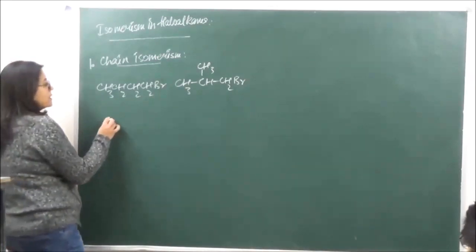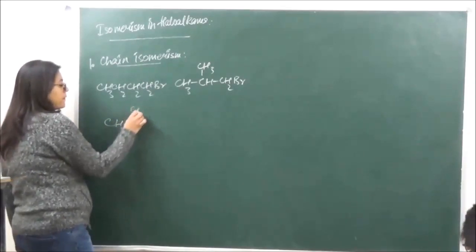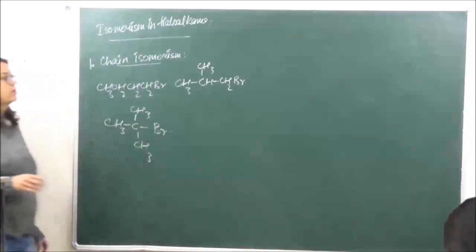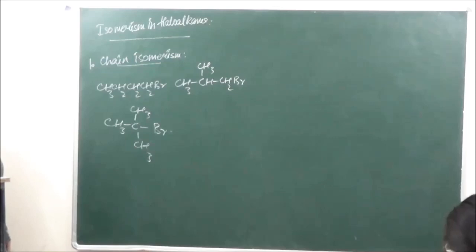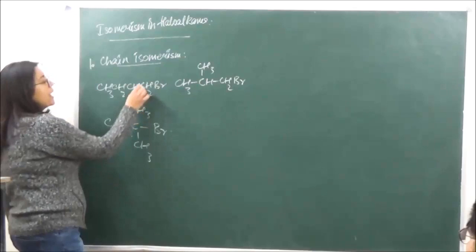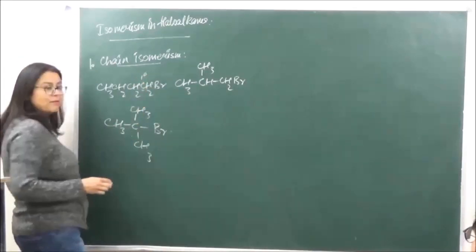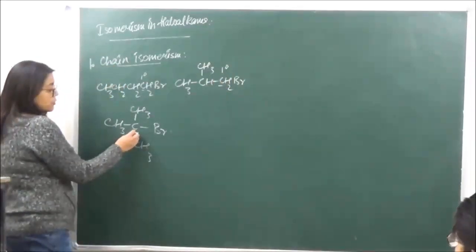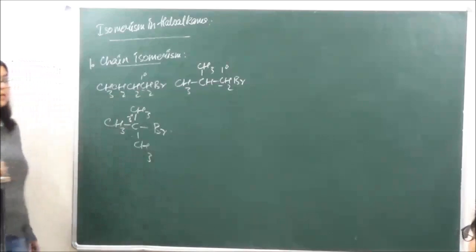One more isomer can be made, right? So this is going to be 2-methyl-2-bromopropane, or 2-bromo-2-methylpropane, right? Because you have to name alphabetically. Now see over here, this carbon atom is going to be 1 degree. This carbon here is also 1 degree. But if you are talking of the carbon atom over here, that is going to be 3 degree.